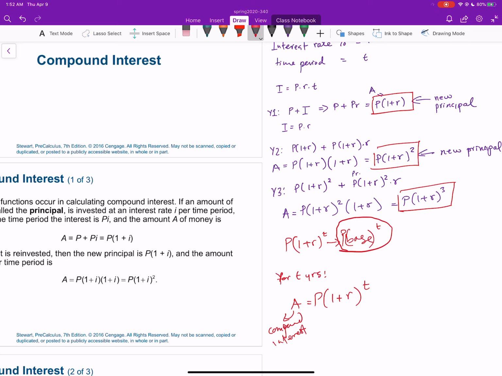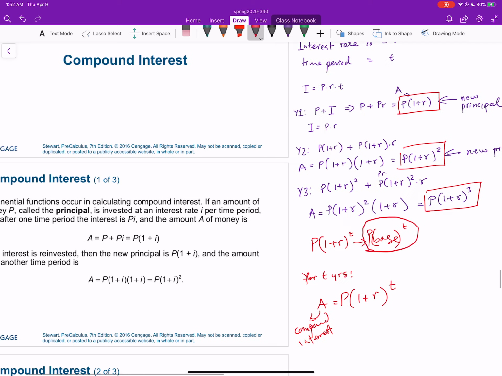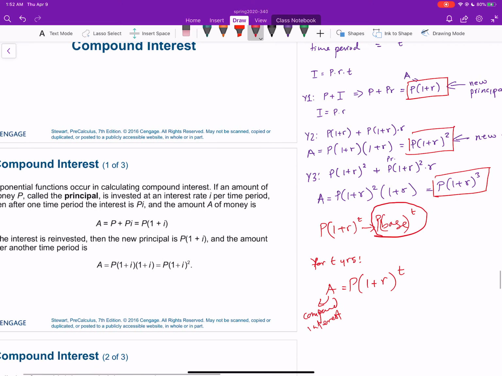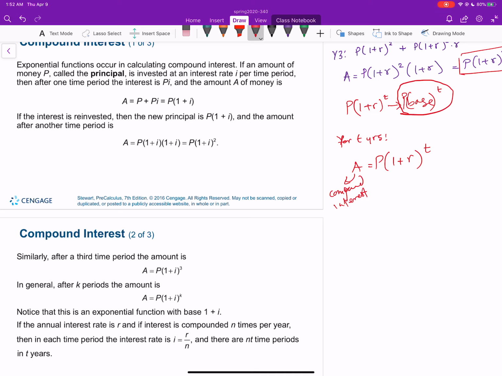All right. But the banks don't operate on a yearly basis. So they can have different portfolios that you can work under. One thing we can look at is if your interest rate is R and you're going to compound N times per year, then this formula is going to change slightly.